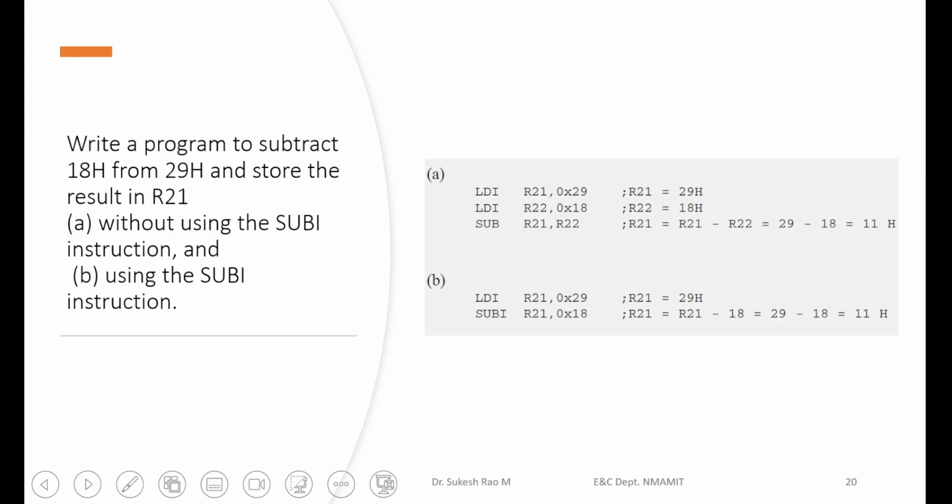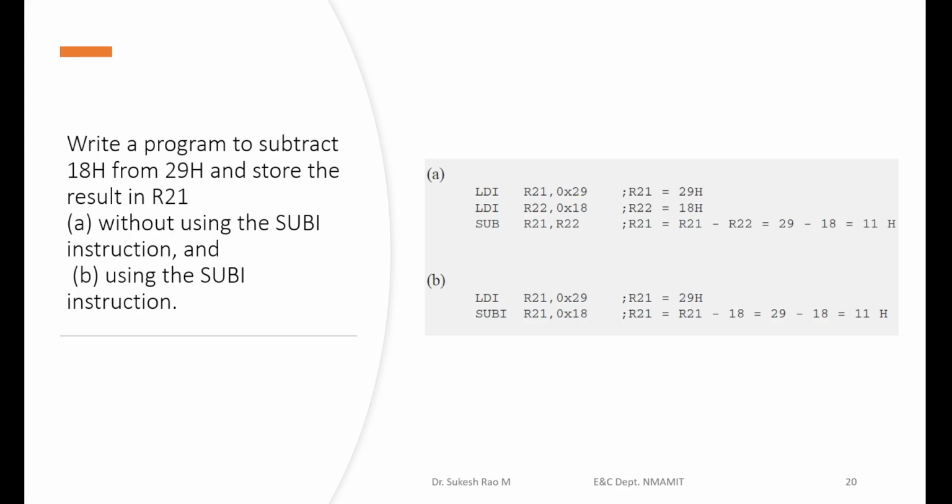So with that, let me take up some examples here. Write a program to subtract 18h from 29h and store it in 21. The two methods we are asking, one is without using subi and the other with using subi. In the example without subi, the two numbers are loaded into registers and simply use sub.